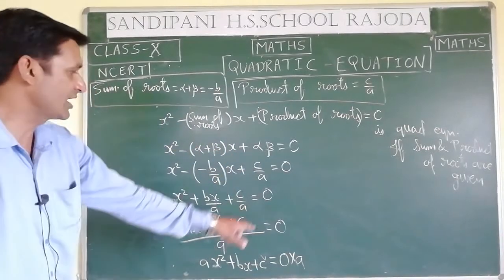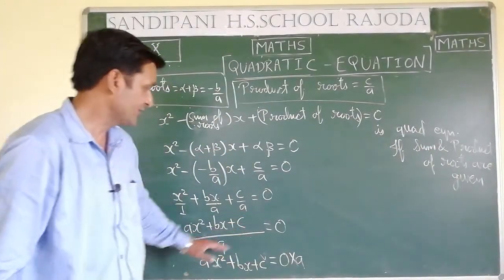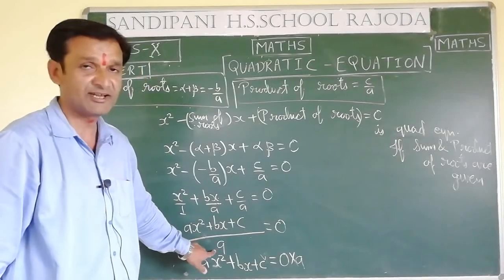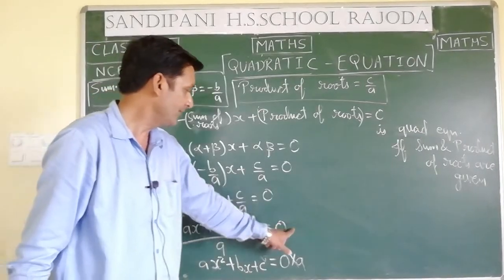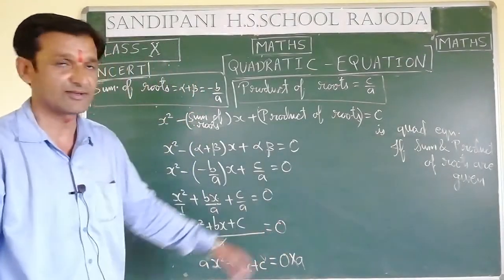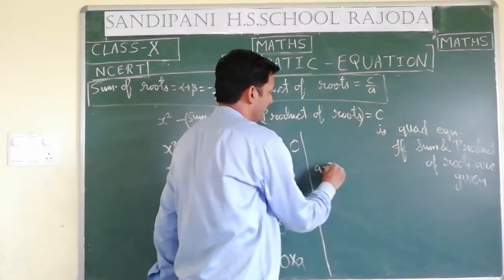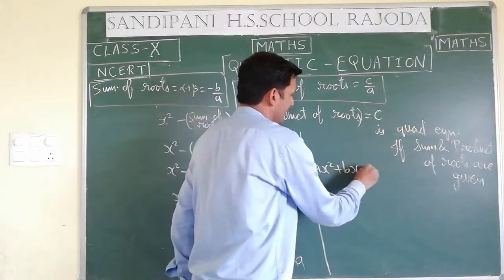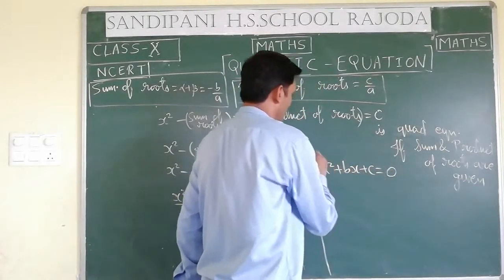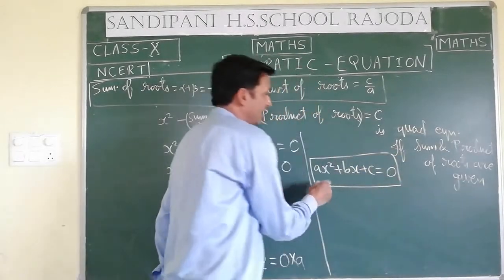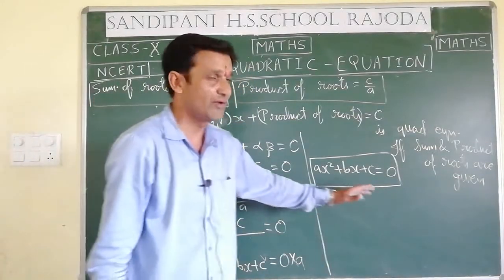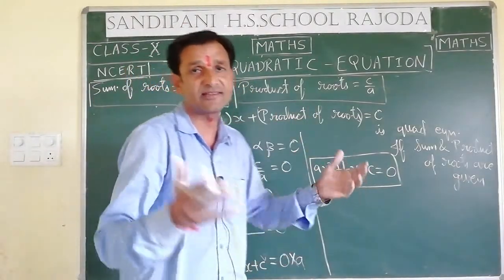This a is transposed from LHS to RHS, because here it is in denominator, so it will be in numerator in RHS. So it will form ax square plus bx plus c is equal to 0, which is our quadratic equation, which we have taken in the starting as a standard form.